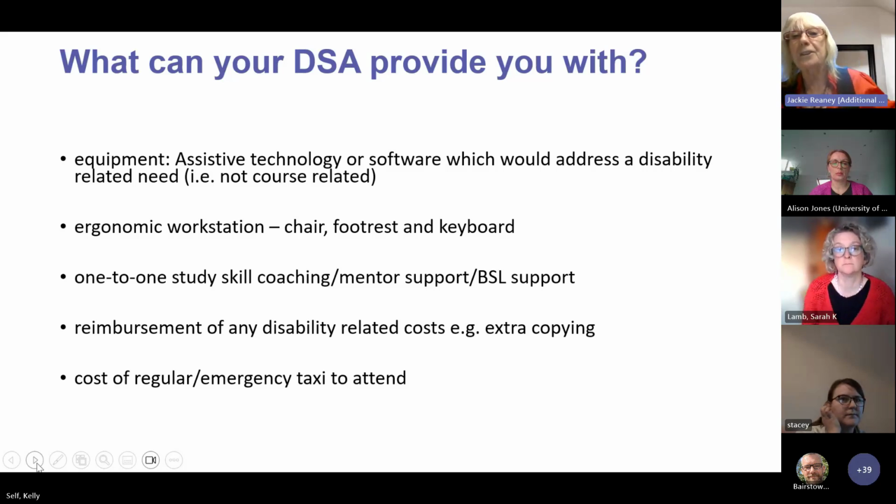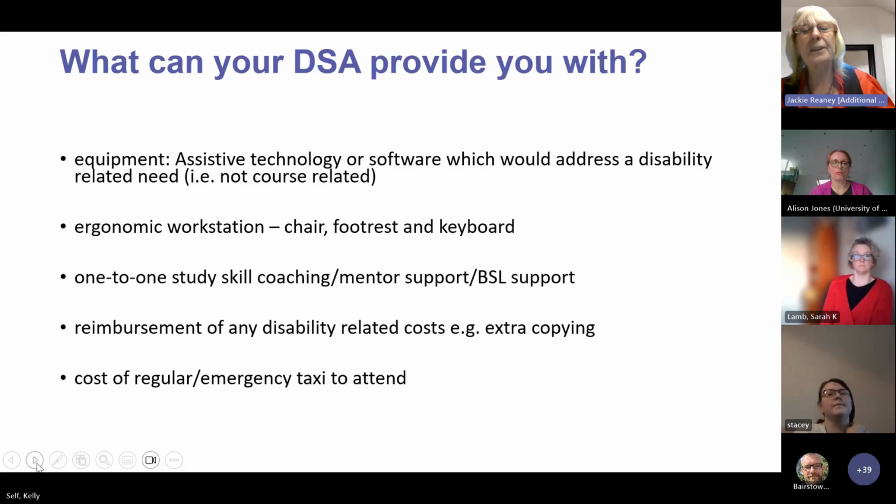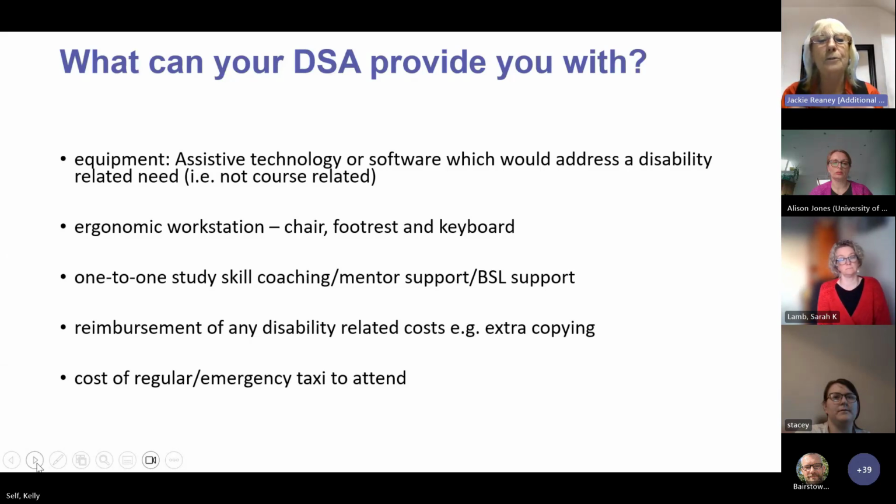Don't look at the university and think, oh, the accommodation is too far away from the campus, it means too many bus routes. Because if you're someone who cannot, because of your health issue or disability, navigate your way through public transport, you're provided with a taxi between where you live and the university campus. So don't let that be a determining factor. You might get funding for a taxi.